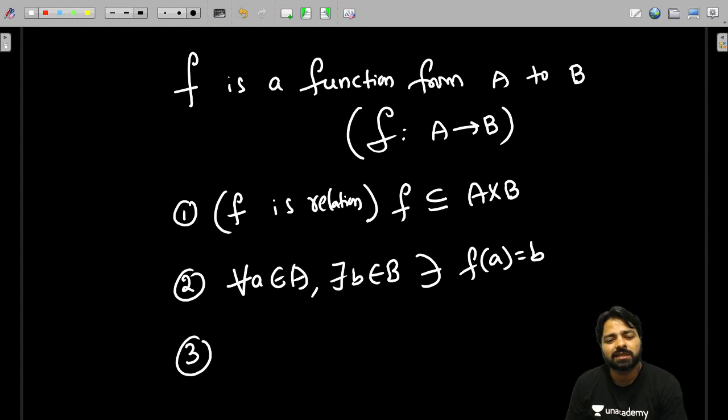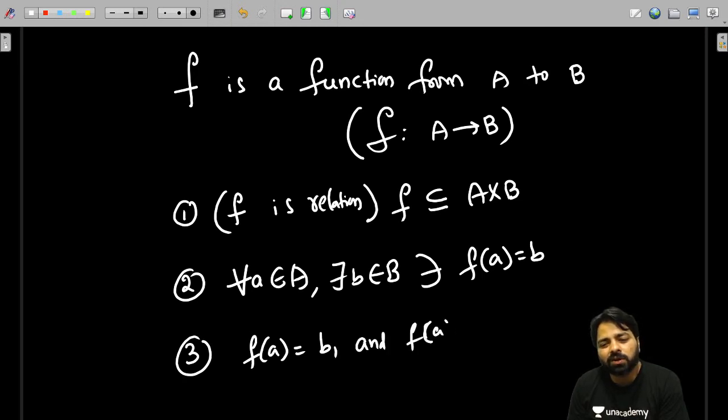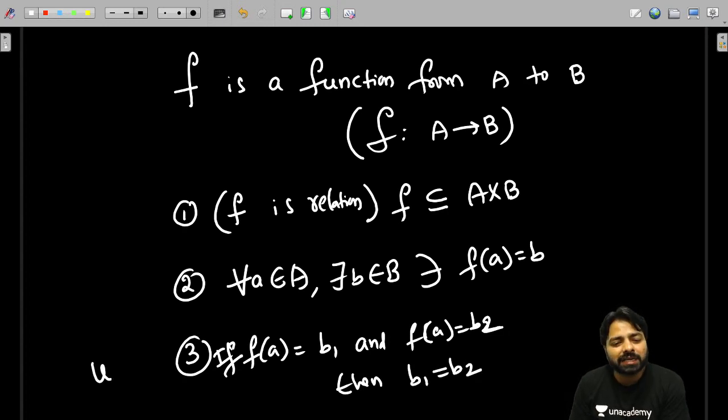That means if you see f of a is equal to b1 and f of a is equal to b2, it implies b1 and b2 must be the same. It means uniqueness. A never maps to two different elements.